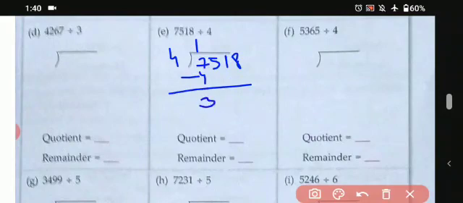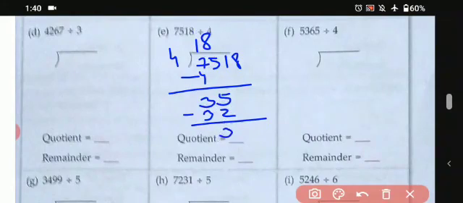Then we'll be writing down 5 over here. The second digit will come down. So 35 doesn't come in 4 table, so what comes? That is 32, which is smaller than 35. How many times? 8 times. So 35 minus 32 comes 3.